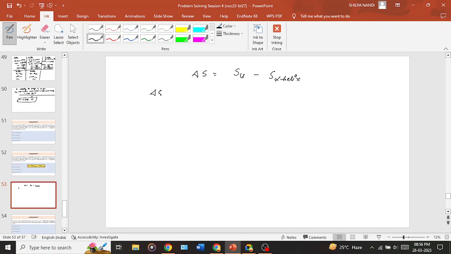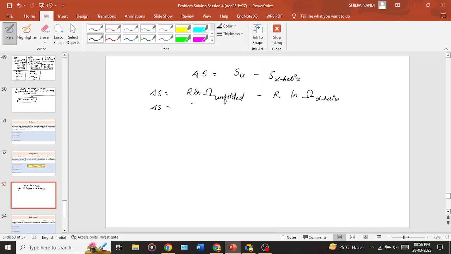So delta S is basically R ln sigma unfolded minus R ln sigma that of alpha helix.